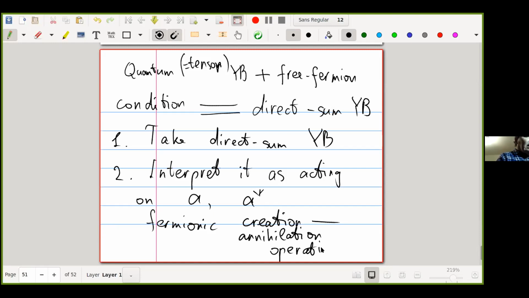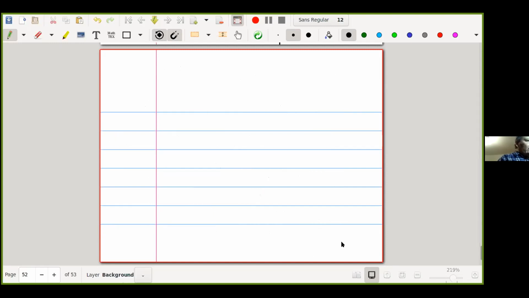creation, annihilation operators, then those matrices act on some, okay, you have some matrix, it must act on some column of something. So you just write here some fermionic creation, annihilation operators.